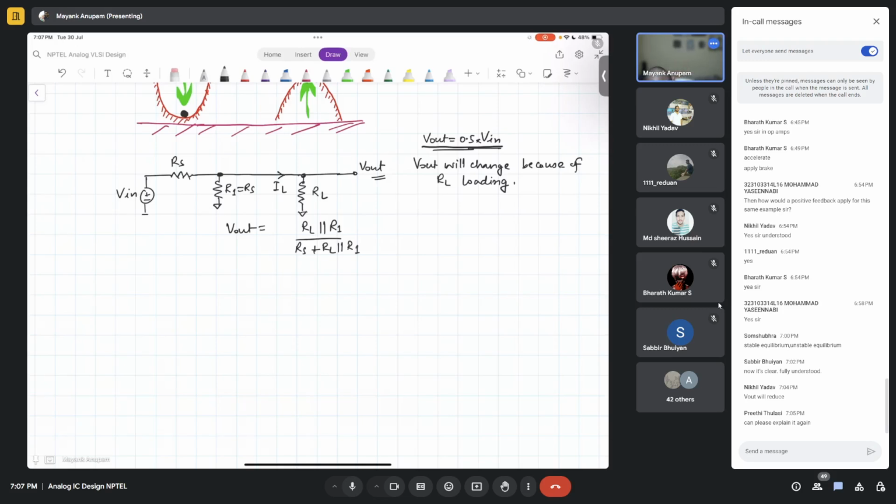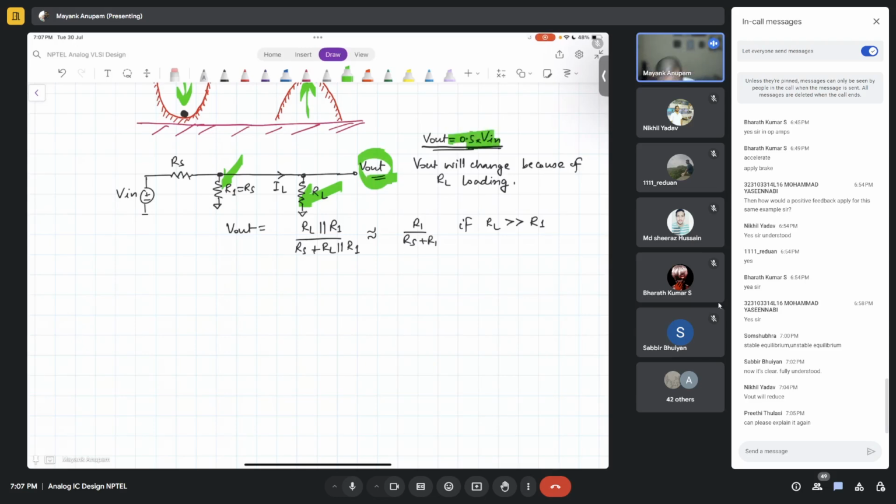Now, you know that RL parallel R1 will be approximately equal to R1 itself if RL is much greater than R1, correct? So if this load resistance is much larger compared to this, then you have nothing to worry about, because then your V out will remain whatever you wanted, which is 0.5 times V in.